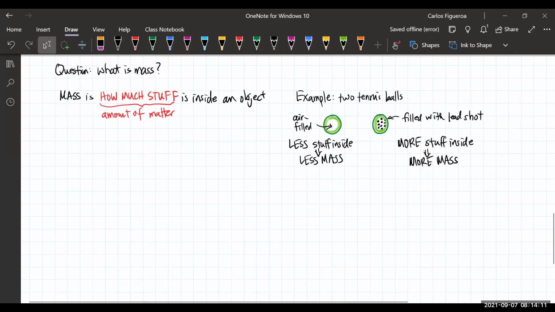It was Newton that showed us that. Okay, and it goes something like this. Okay, here is a more precise definition of mass.